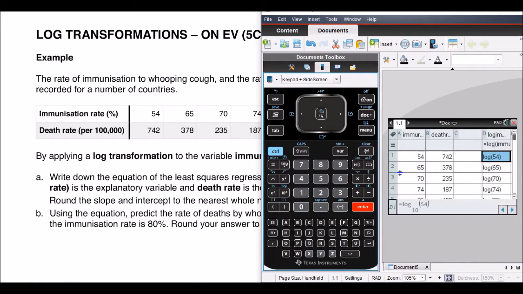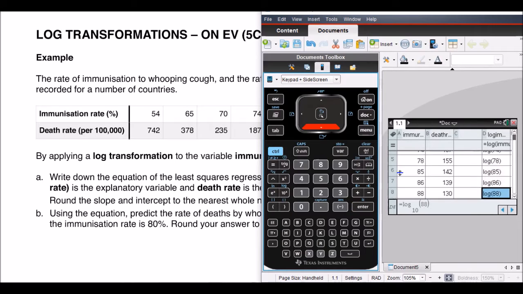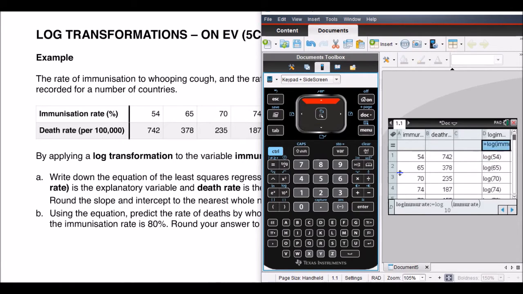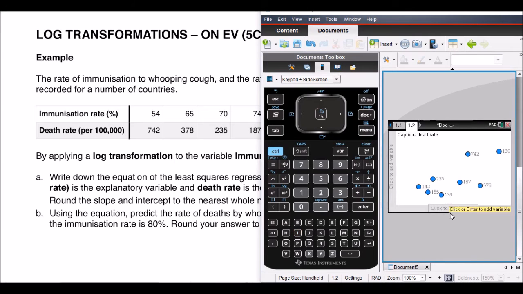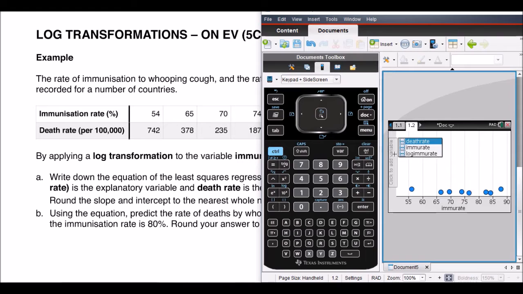Press enter, and don't fret. Yes, that's what it looks like. That's totally fine. So we've applied the transformation. Just as a quick side note, I want to show you the difference between untransformed data and transformed data. This is my old ImmuRate data.